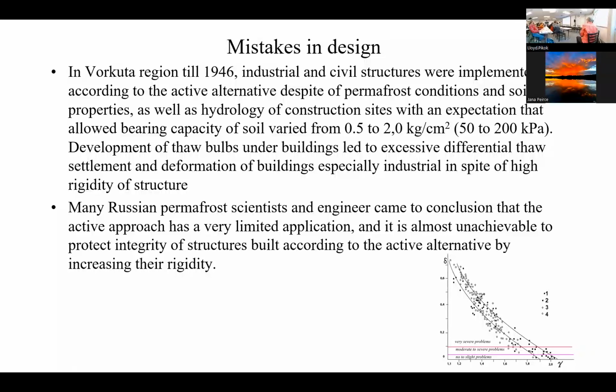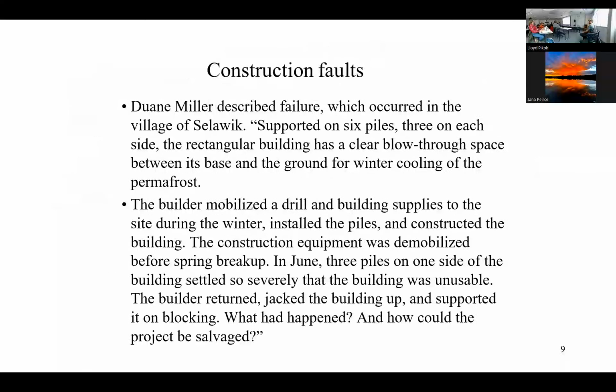But we've seen that settlement would be really huge, and all buildings designed, for example, in the Vorkuta or Chita regions, failed. And after the Second World War, they started to build with permafrost protection. That was a big mistake.